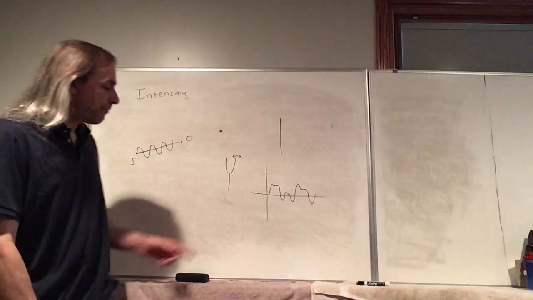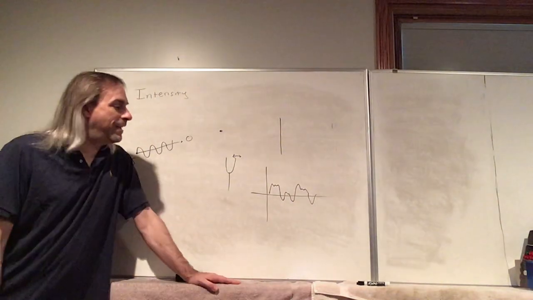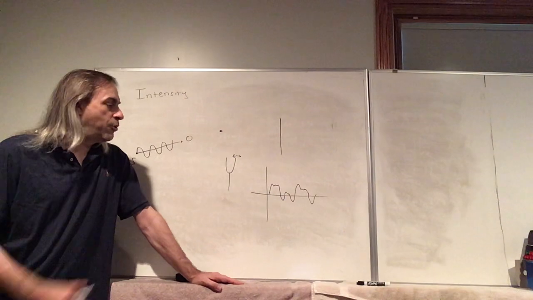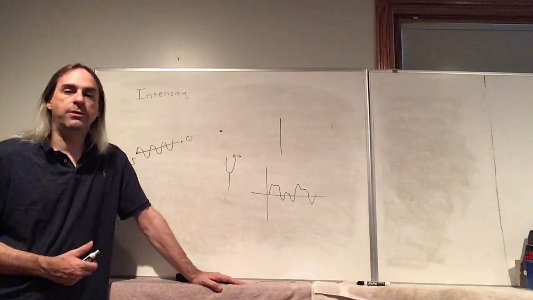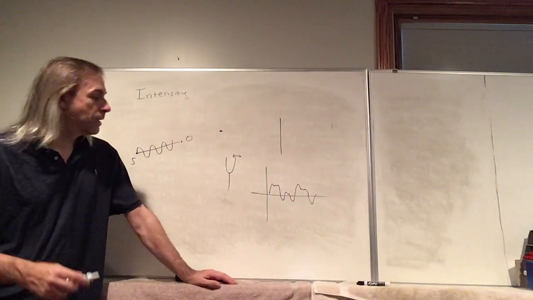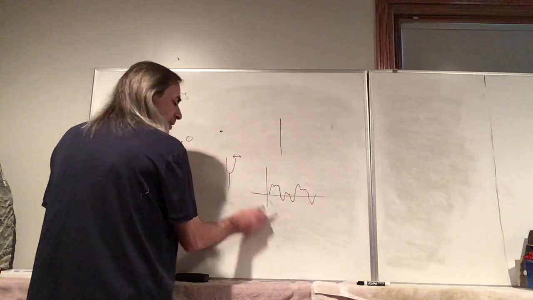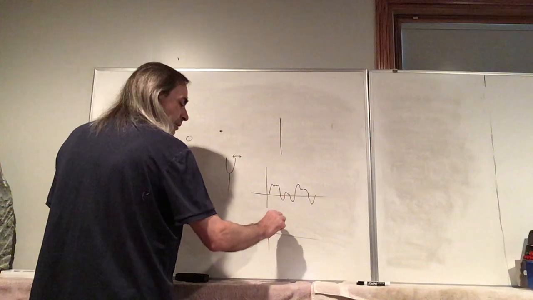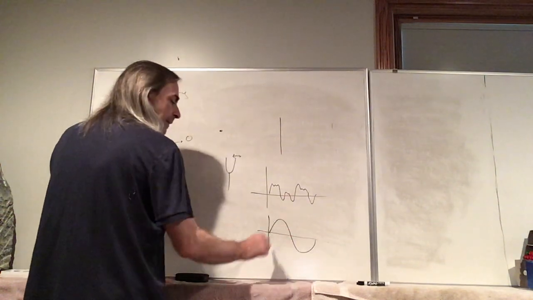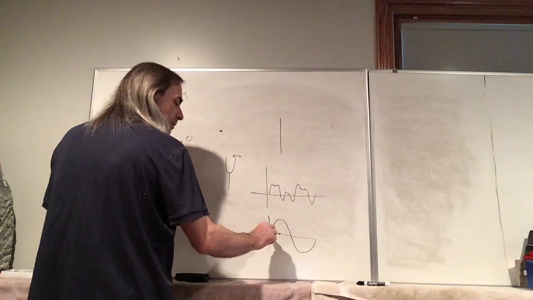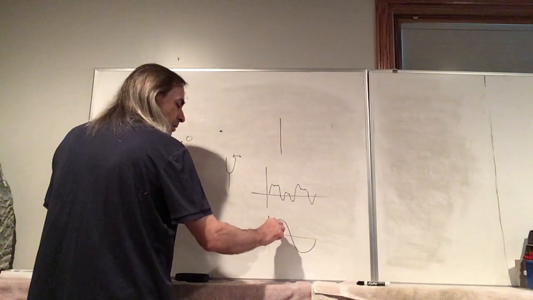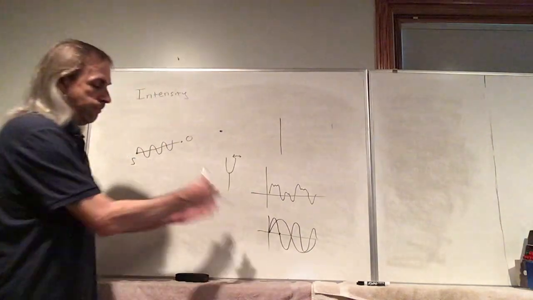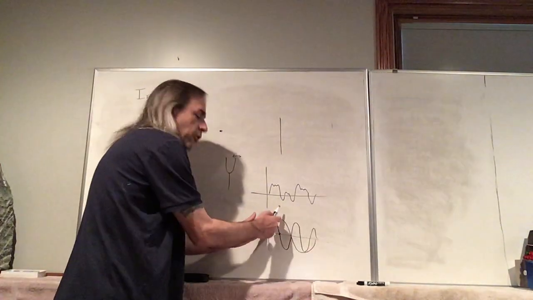What's interesting is that we can break this complicated shape into a sum of simple sine waves of different frequencies. So you could have sine of x, which would look like this. And then if you have sine of 2x, it would look something like that. Sine of 3x, you get a shorter wave.